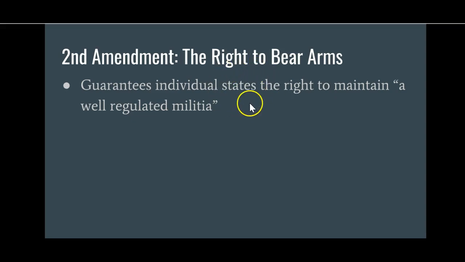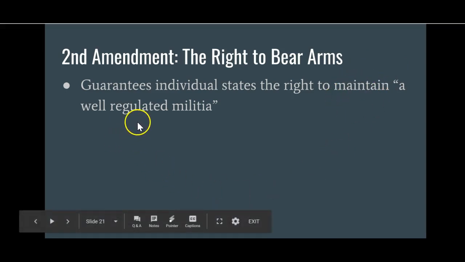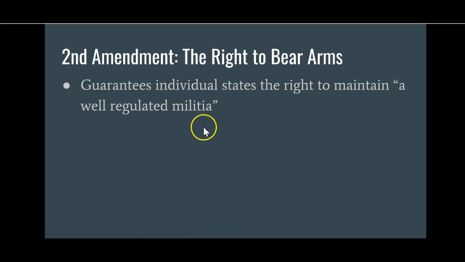All of the individual states have the right to maintain, so they can train, they can pay, they can always make sure that they have an army. That's what the word militia means: a trained group of soldiers.